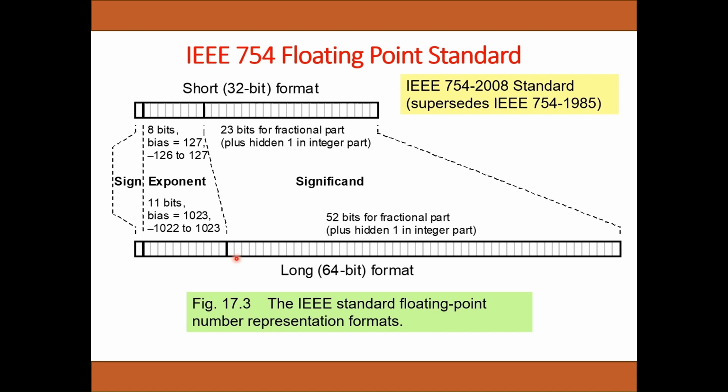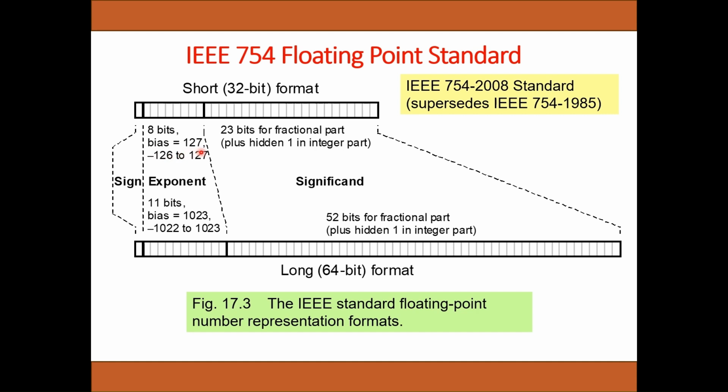Now it is shown pictorially. This is for the 32-bit format. It has 32 bits here, and for double precision, it takes 64 bits. Here the exponent is 8 bits, here 11 bits; here bias is 127, here bias is 1023.